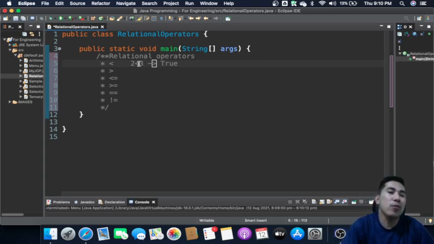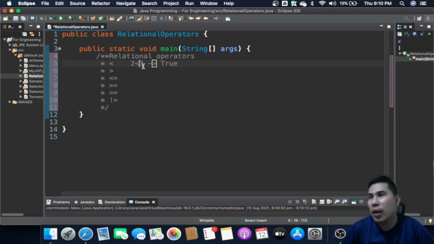Sometimes they are confused with this symbol, and they might interchange it with greater than.